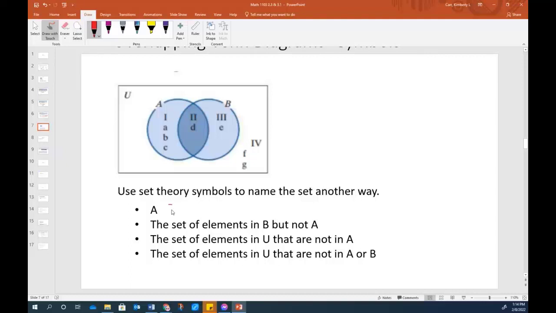Set A is everything that's listed in 1 unioned with everything that's in 2, and if you look up there you see those sections outlined. Or I could say set A is the universal set intersected with set A.